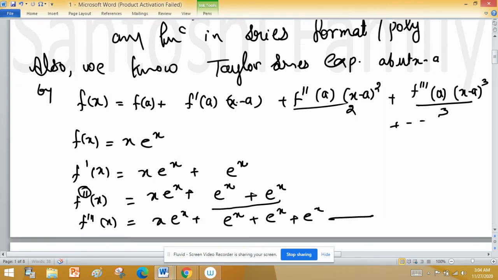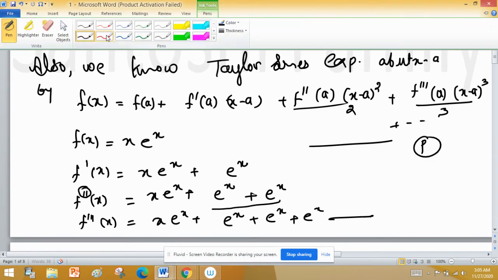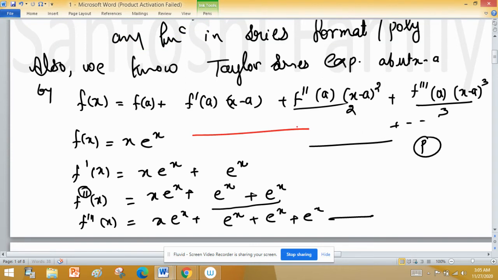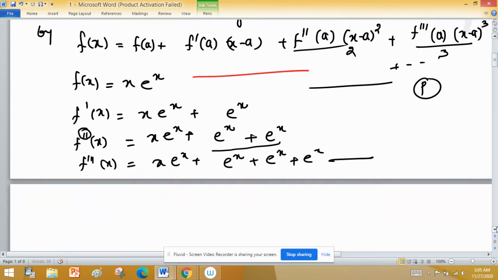Put these values in the equation. Here a equal to 1 as given to us.